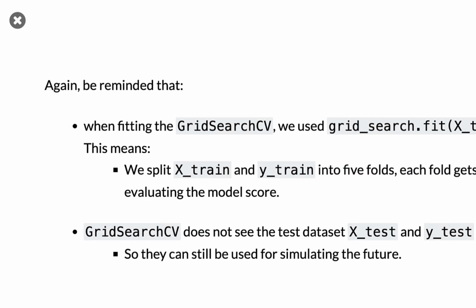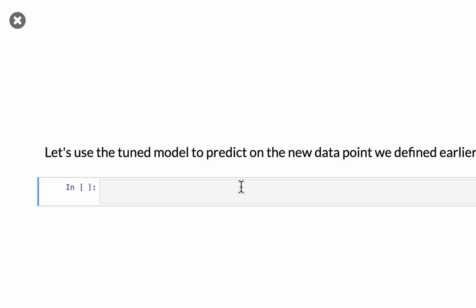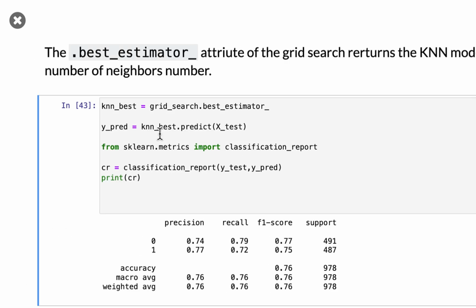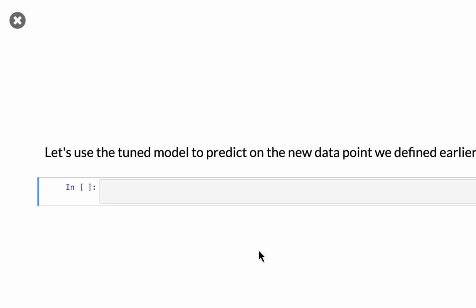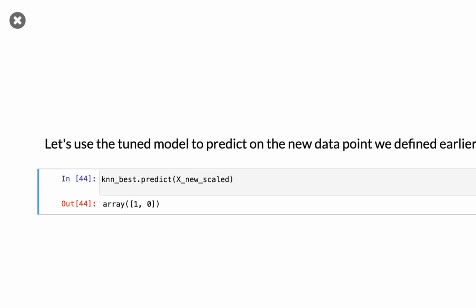Okay, so there's also a line where you can also make prediction based on the new data set, right? So let's quickly finish that as well for completeness. So the best KN model, this time I'm going to predict on X new scaled. Now the result is different, right?